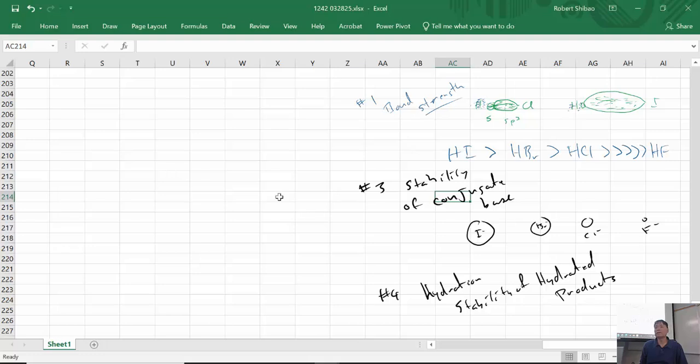But in terms of stability, which one is going to be the most stable, least reactive of these? Yeah, which one's the most stable, least reactive? The fluorine? Why is the fluorine?